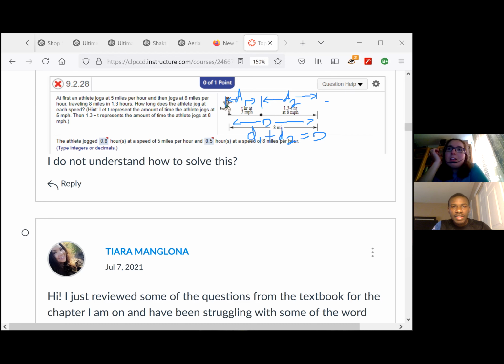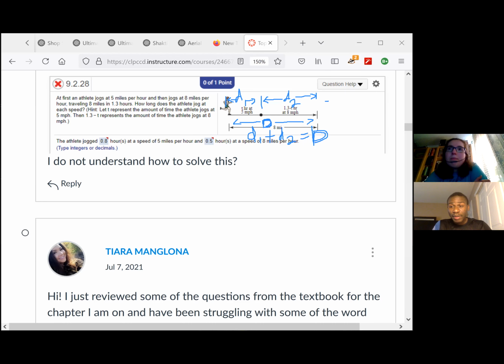Also, I represented it with a D, but you can use any letter of your choice, it's just for the sake of explanation. D is good for distance. So D1 plus D2 is equal to D.